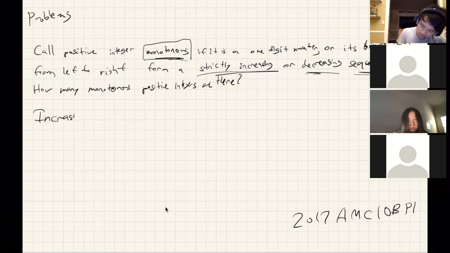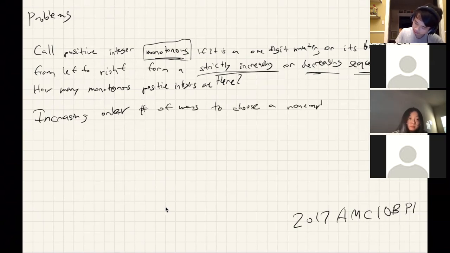The key idea here is that the number of positive integers where the digits form a strictly increasing sequence is actually the number of ways to choose a non-empty subset of the digits 0 through 9, 0, 1, blah, blah, all the way up to 9, right?